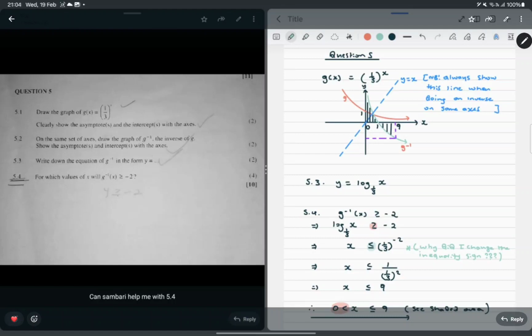Now the question is, why is it a decreasing function? It's because the base, which is a third, is a fraction, a proper fraction. Now this is less than 1 and is greater than 0.